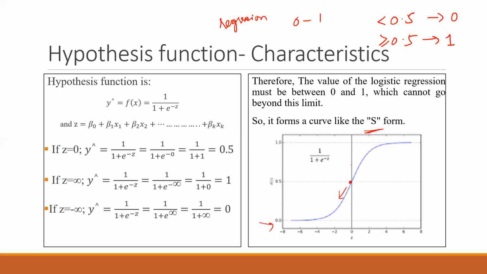You will have to give 0 as the output. And if it is 0.6, 0.7, 0.8, anything, that will be rounded off to 1. So this kind of binary classification will be done. This is the gist of what we call logistic regression.